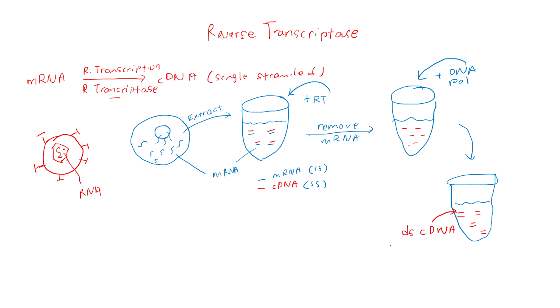And the next thing that you can do is, this amount is not really enough for successful cloning. To multiply it to millions of copies, you will need a PCR machine to multiply the DNA inside.